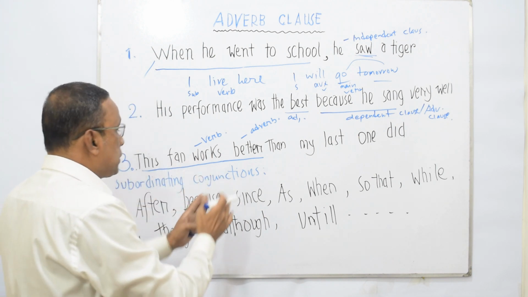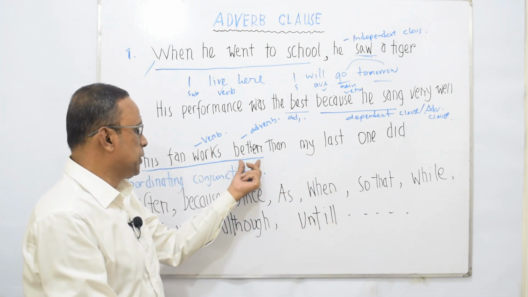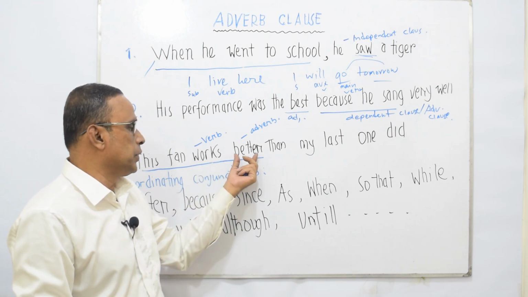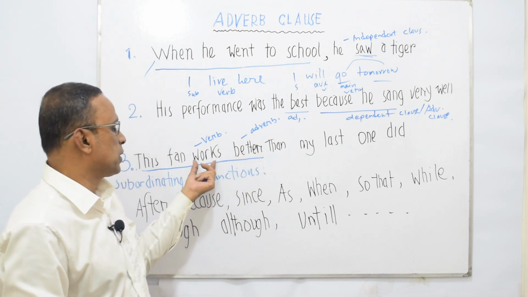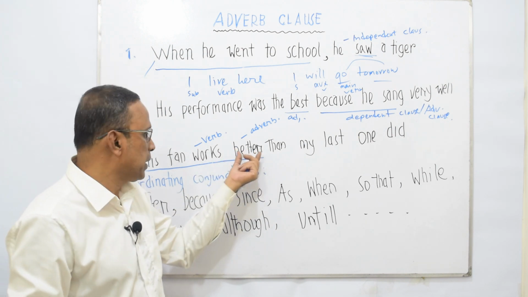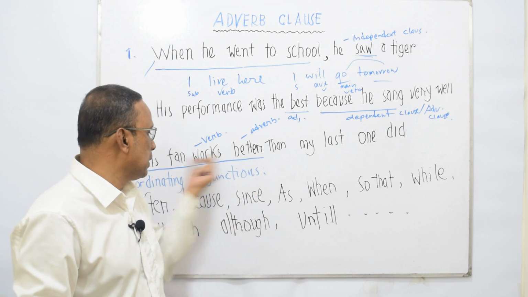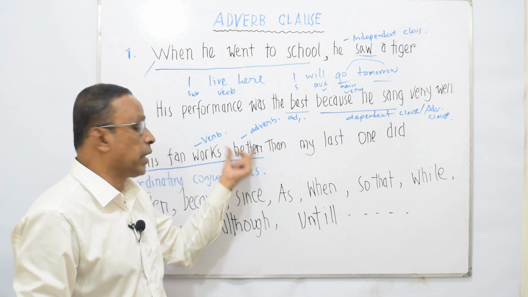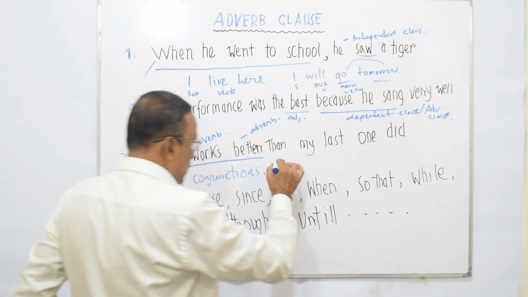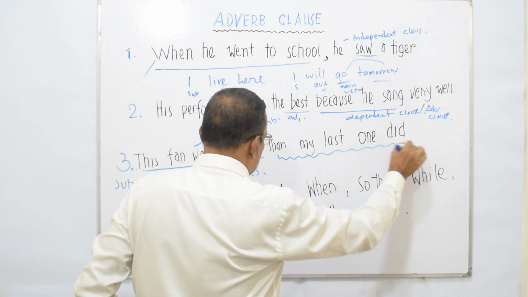This word is modifying this word, so better is modifying the word works. The word which can modify a verb can be an adverb. So better in this sentence is an adverb. So this adverb is being modified by this dependent clause.